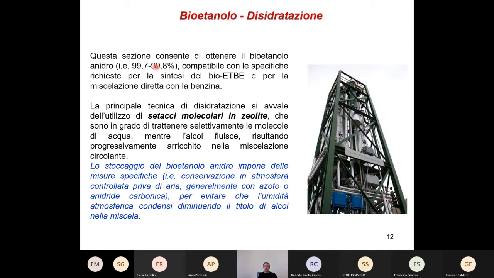You have to reach this percentage, otherwise you can't use it in the transport sector, because water in the biofuel could create a lot of problems for the engine. Okay.